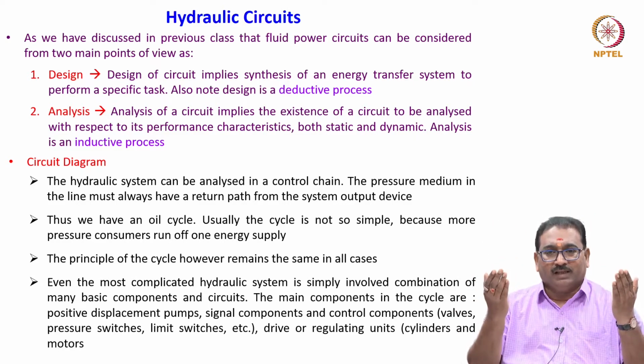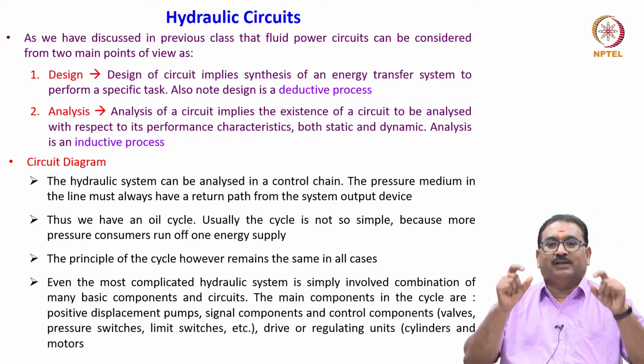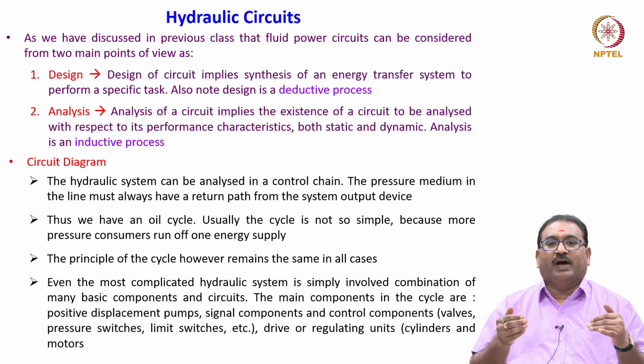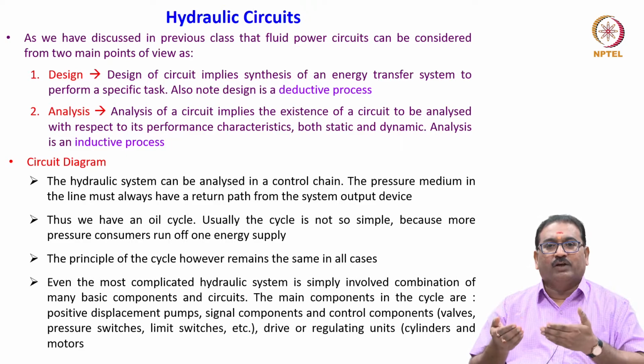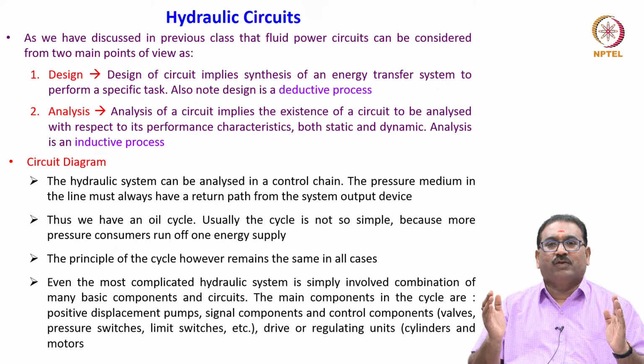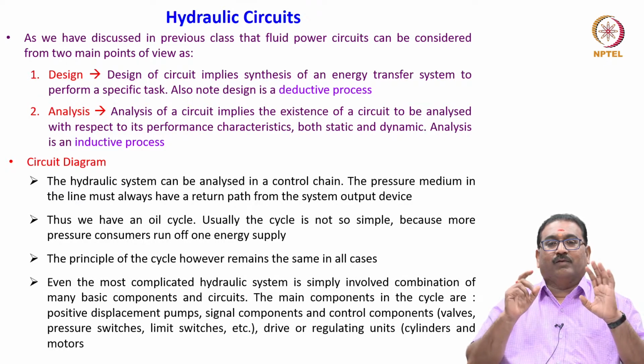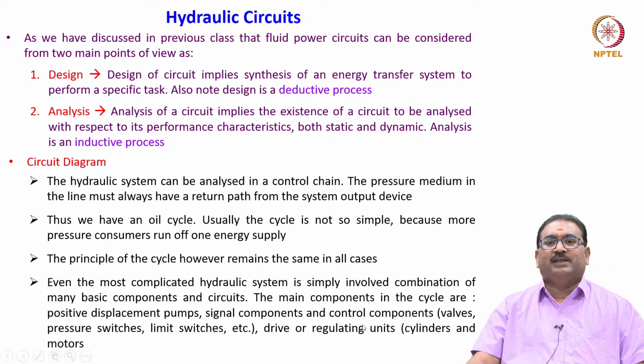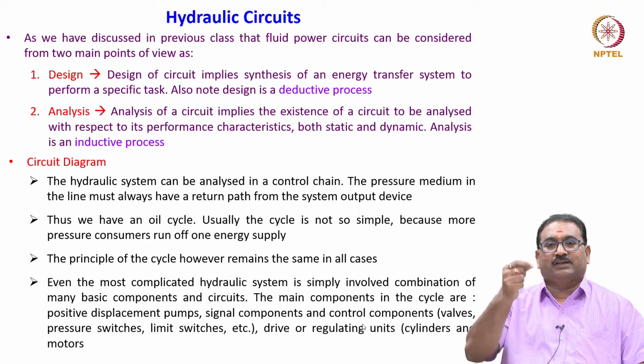After selecting the cylinder, how to determine the pump flow and velocity, electric motor, tank size, various filters, coolers and then other elements. The very important thing, friends, is that based on the output requirement, we will start selecting the various components.